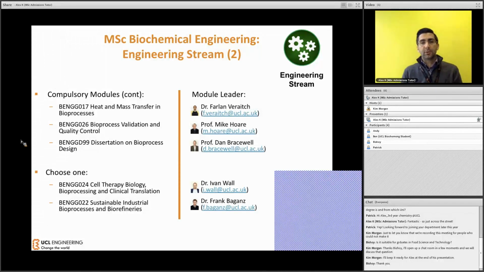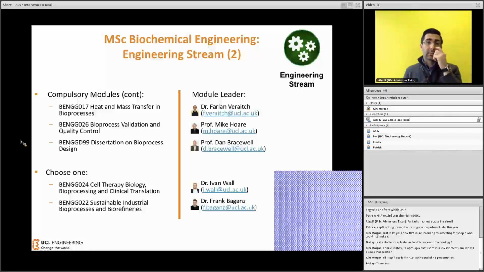What this design project is, we give you a brief or a specification where we say we want you to produce X quantity per year of this particular pharmaceutic using this type of cells, and you have to figure out what size of reactors you need to use, how big these have to be, what the various separation steps are in order to extract your product, and do all the detailed calculations behind that.